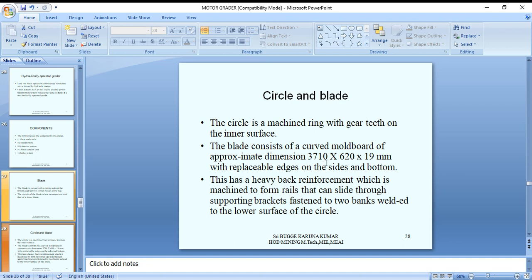These are the general dimensions in millimeters of the blade. It has a heavy back reinforcement which is machined to form rails that can slide through the supporting brackets fastened to blanks welded to the lower surface of the circle.